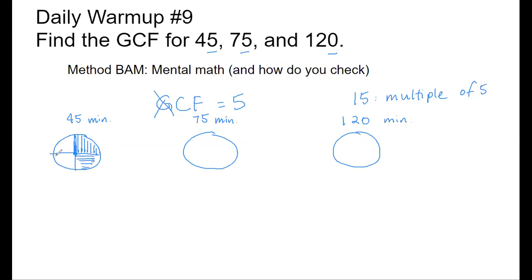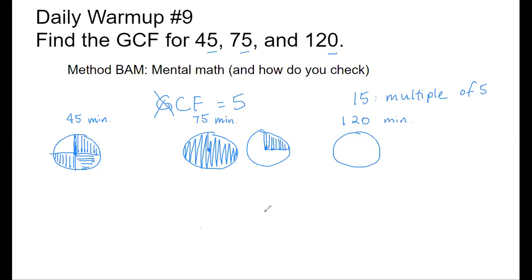And then there's 45. So 45 minutes is 3/4 of an hour. Oh wait, 75. I know 0 starts here. If the minute hand goes around the whole clock, I know that's an hour. But 75 minutes is more than an hour because an hour is 60 minutes. So this is going to be an hour and 15.